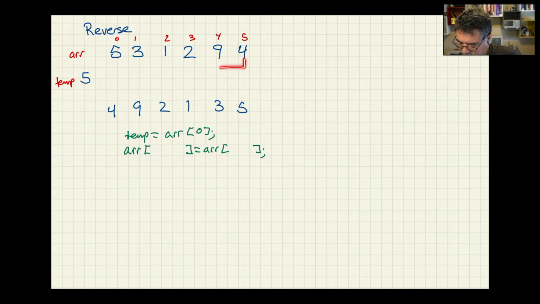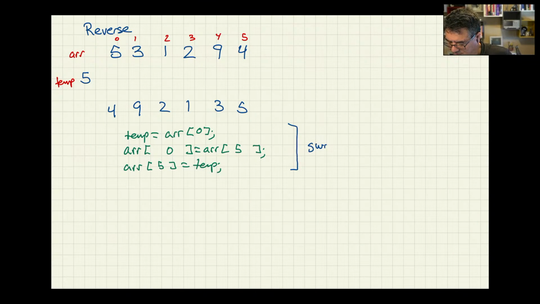And now we can move element number 5, the 4, into slot 0. And then we can move this temporary variable back into slot number 5. And these three statements will swap elements 0 and 5.